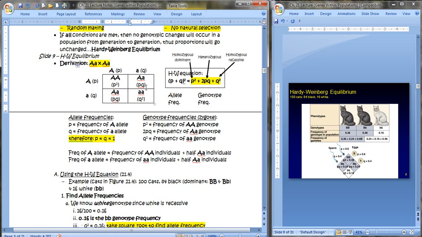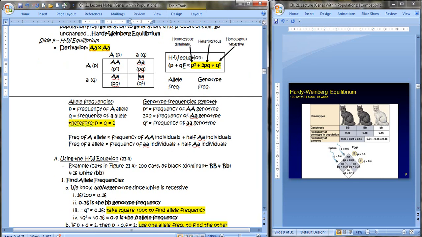Then, if you were to take your results, P squared is your homozygous dominant individual. 2PQ is your heterozygous individual. And then Q squared is the homozygous recessive individual. These represent the genotype frequencies. So you could think about this side as representing your gametes, and this side is representing your offspring or zygotes.